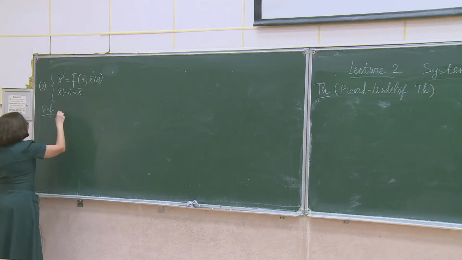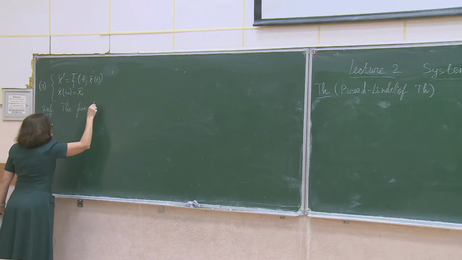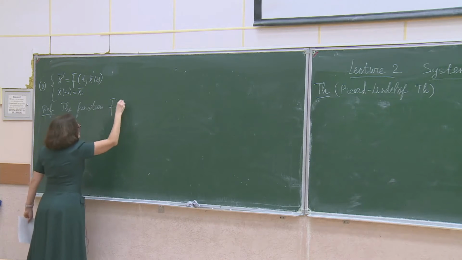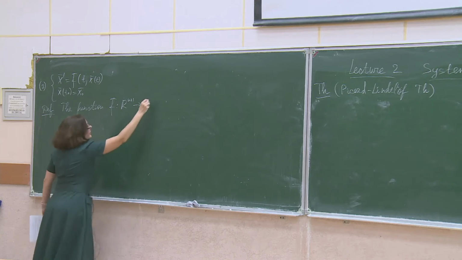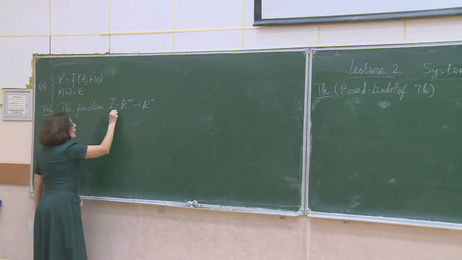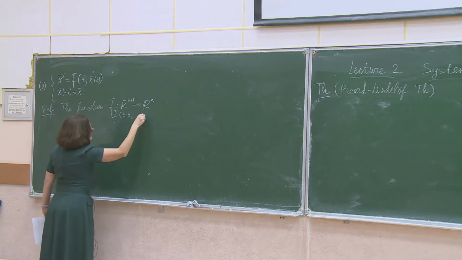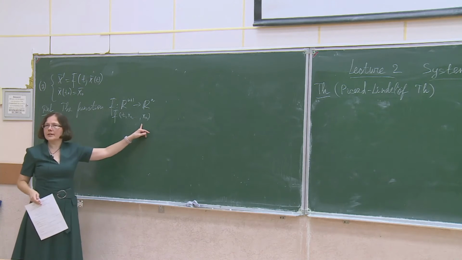Okay, so the function f from R^(n+1) to R^n. I recall that the vector function depends on t, x1, and so on, xn. It depends on n plus 1 variables, including t.